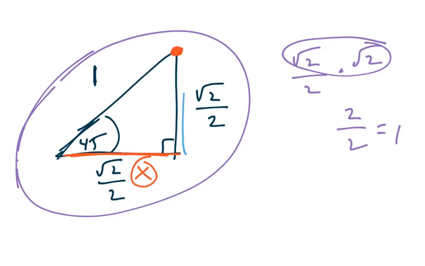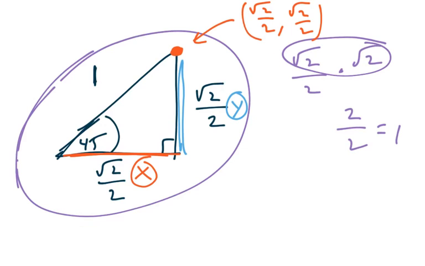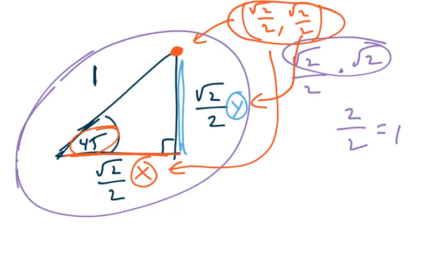And wouldn't this right here, vertically, be our y coordinate? So that point right there, would it not be square root of 2 over 2, square root of 2 over 2? In other words, our x and our y are the same, right? And that's how we get this perfect 45-degree angle there. And this is basically what I want to lead you to.